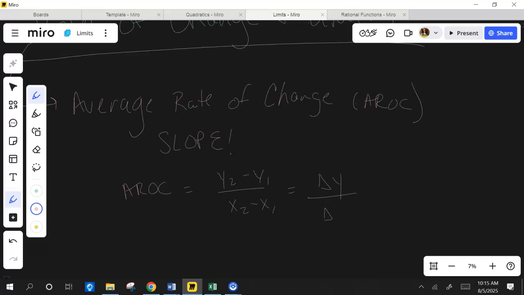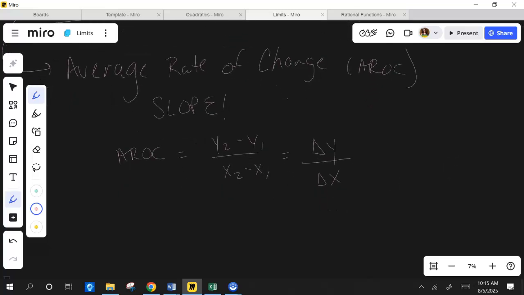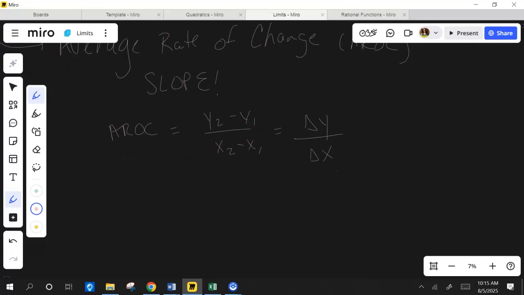Change, that delta. Change in y over change in x. Let's practice. First, let's practice an Aroc problem, and then I'm gonna show you the more complicated form that we're gonna use to do difference questions soon.